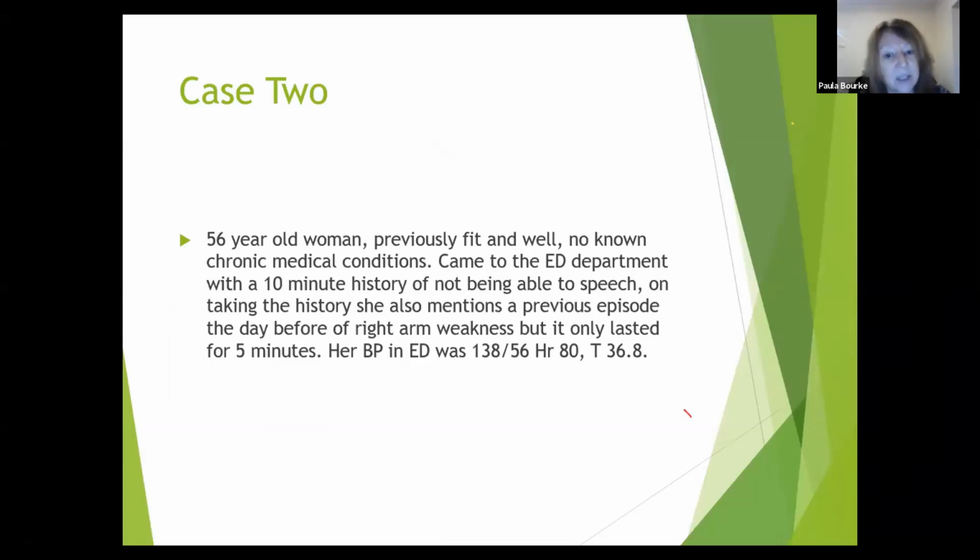On taking the history, she also mentioned a previous episode the day before of right arm weakness, but it only lasted 5 minutes. Her BP in ED was 138/56. Her heart rate was 80 and her temperature was 36.5. So can you score this lady? Is she a low risk or a high risk?